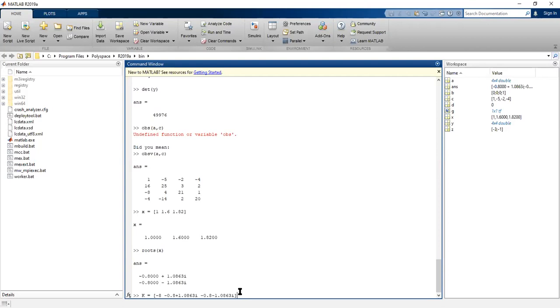That's why we said the new pole has to be at least 10 times the real part of the pole of the system, so that those two poles will be dominant and the other pole that we added is not dominant. So I just multiply negative 0.8 by 10 and get negative 8, and put in that as the new pole. All right, so K represents the poles of the system that we now want.